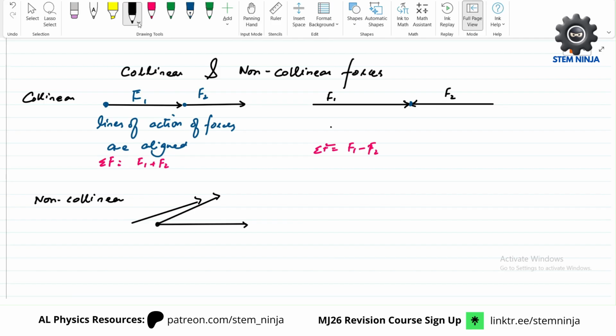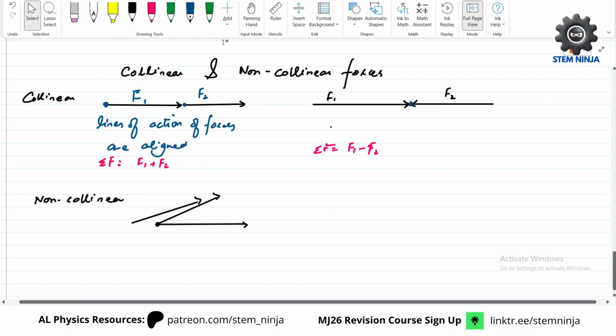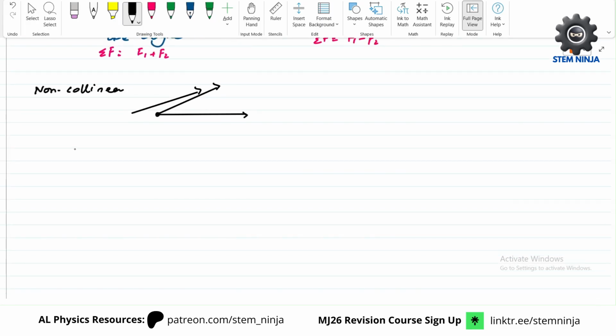Now, notice one thing over here. In the couple, these forces are not along the same line.